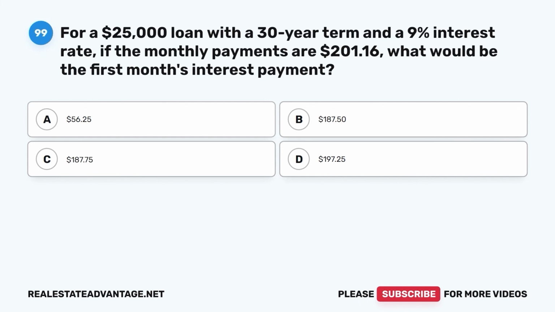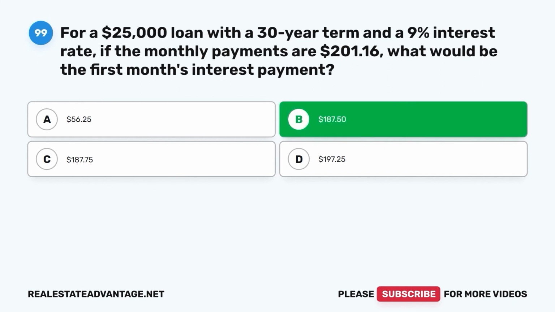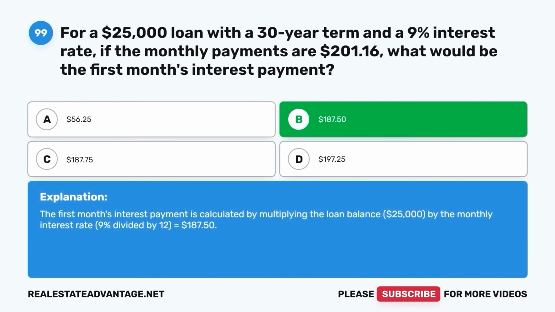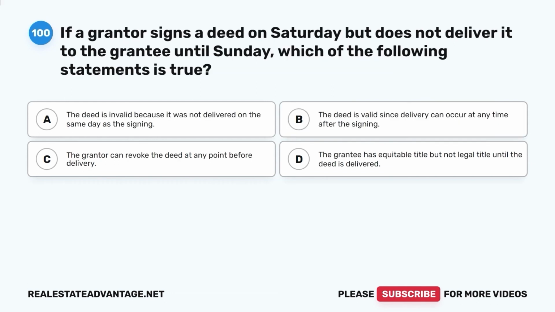D. $197.25. The correct answer is B. $187.50. The first month's interest payment is calculated by multiplying the loan balance, $25,000, by the monthly interest rate, 9% divided by 12, equals $187.50.